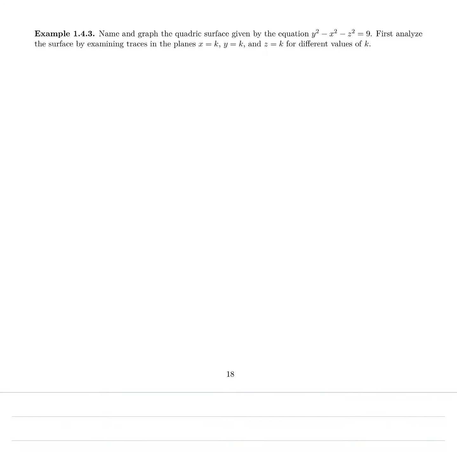So let's start with x equals k. If we look at traces in these planes, if we plug in x equals k, we're going to get y squared minus z squared, and we'll bring the k over to the other side, so 9 plus k squared.